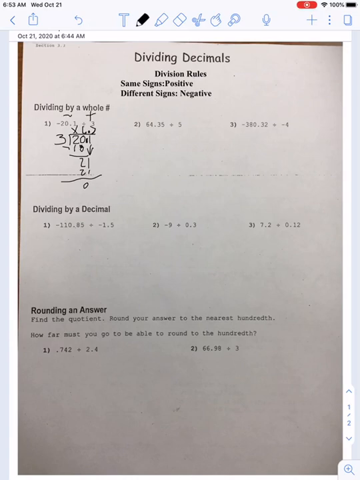Those are different signs. Therefore, my answer is going to be a negative answer. So our final answer for number 1 is negative 6.7.